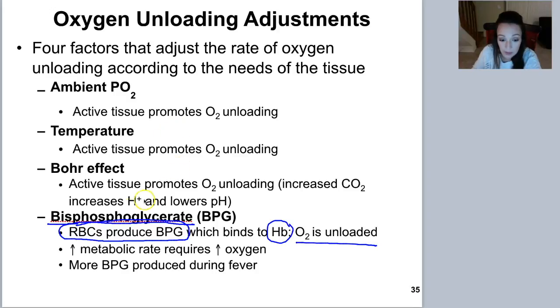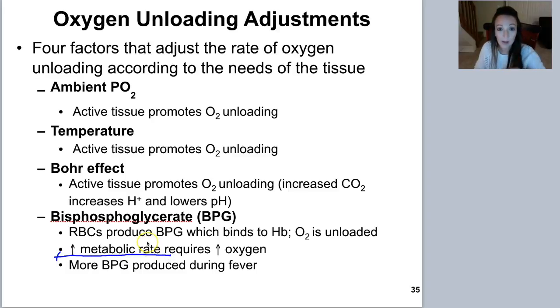So oxygen is released. Now also, when we have an increased metabolic rate, this requires our body to produce more oxygen. Also, if our metabolic rate is higher, our body will produce more BPG in our red blood cells and in other cells in our body.